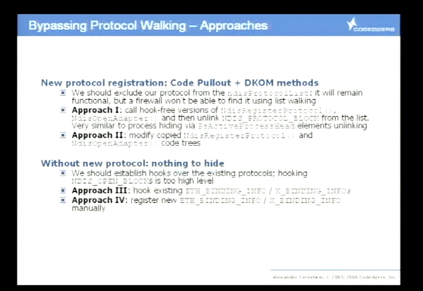The first approach is to use code pullout and some kind of direct kernel object manipulation methods. And the other two will not use any protocol registration. They will just hook existing ETH binding info or register new ETH binding info structures manually.